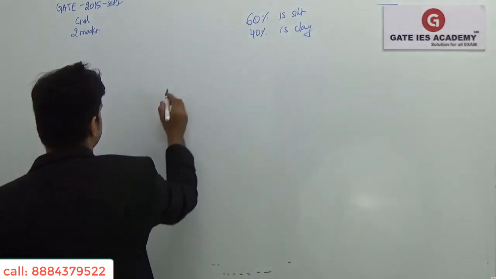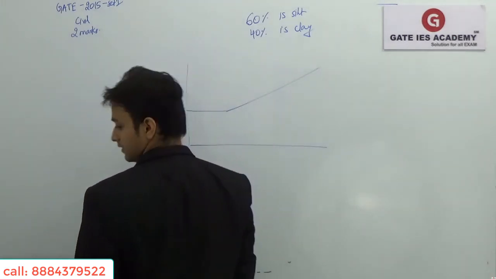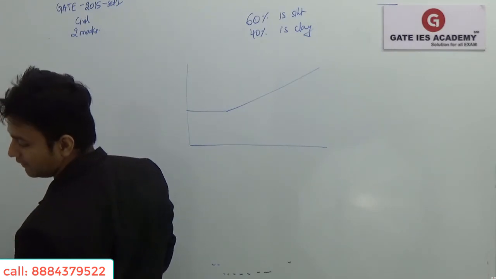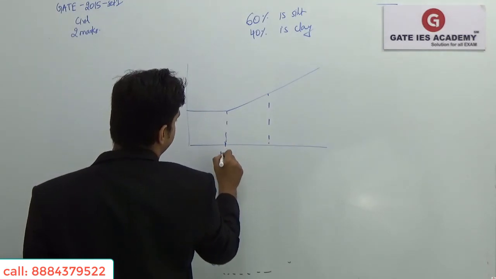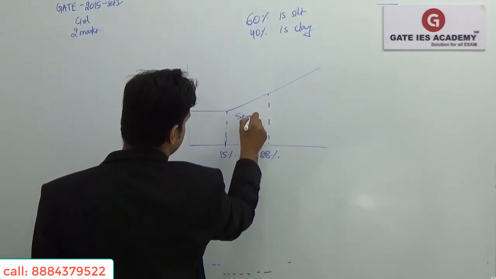Most importantly, they have also mentioned that the soil behaves as semi-solid when the water content is between 15% to 28%. This is 15% and this is 28%. This is because it is semi-solid.